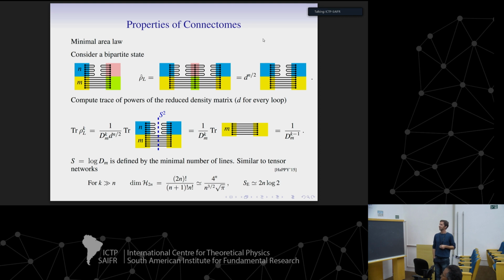And in the limit of large n, large number of points, the entropy scales as 2n log 2, so there will be log 2 entropy for every line. So there's a way that I'll use later to calculate the entropy just by counting the lines. If you have, for example, 6 lines, then there's 6 log 2 entropy for this initial state.